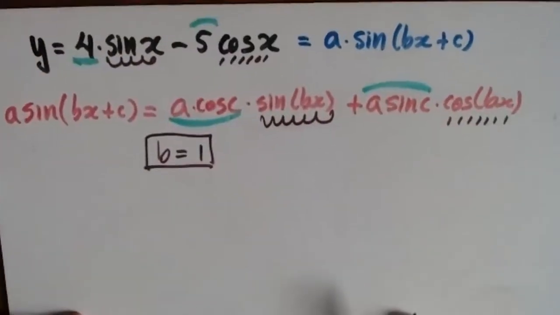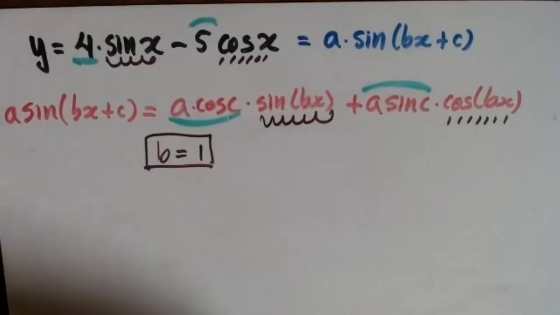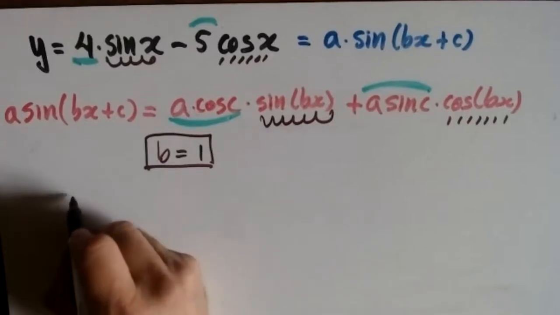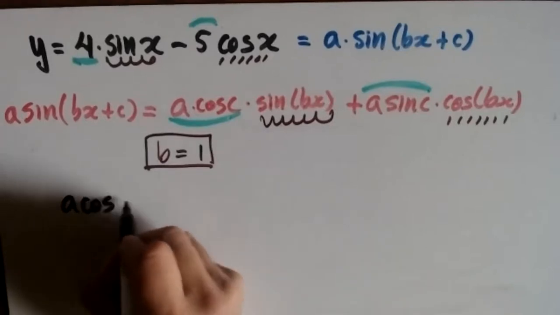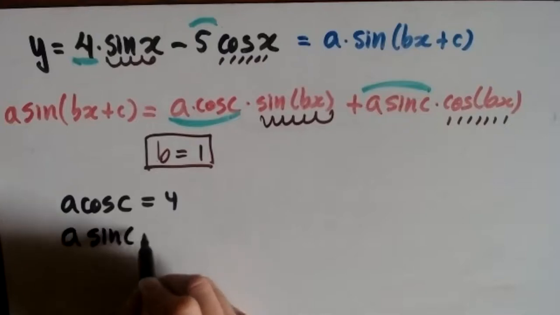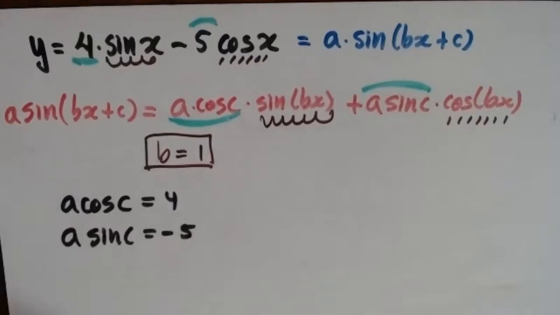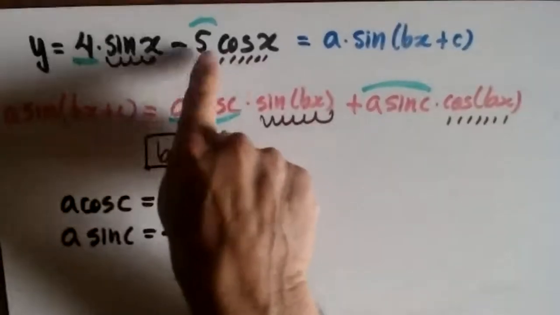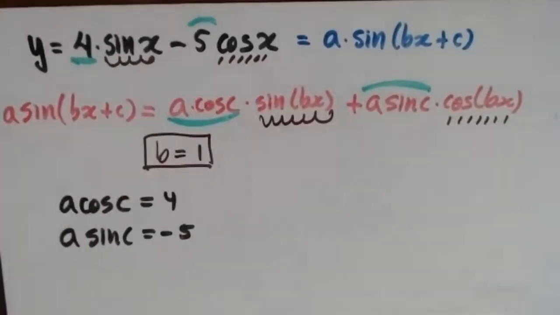This is 1 to 1. So I'm going to put here a cosine c equals 4, and a sine c equals -5, correct? So this is a minus, so this is plus -5. So I match this one.